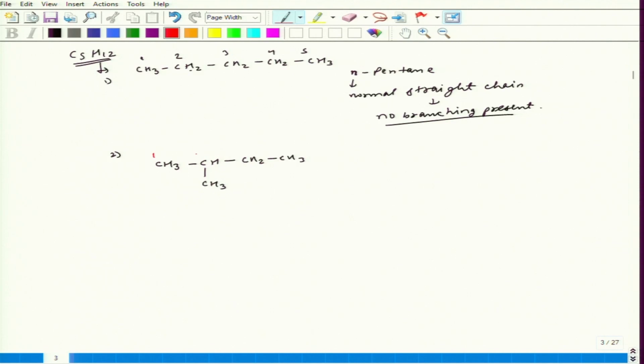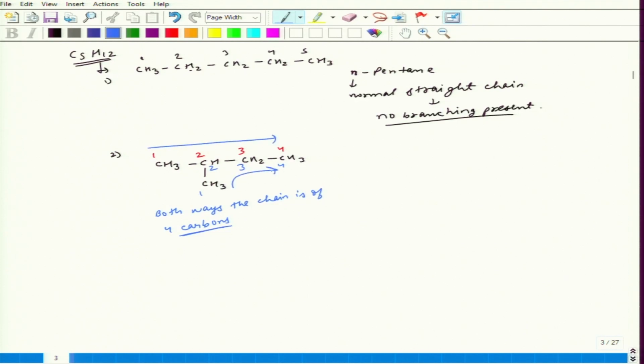There can be 1, 2, 3, 4, or it can also be 1, 2, 3, 4, whatever. Both ways, the chain is of 4 carbons. Straight chain is of 4 carbons in both the ways. So, it does not create any difference whether we go this side or whether we go like this.